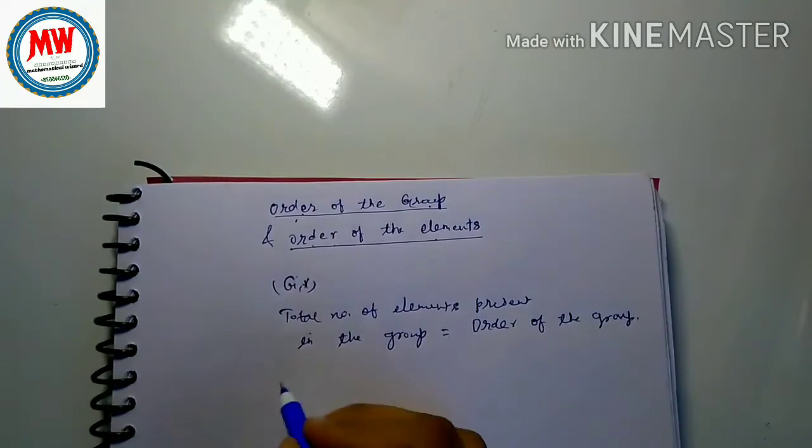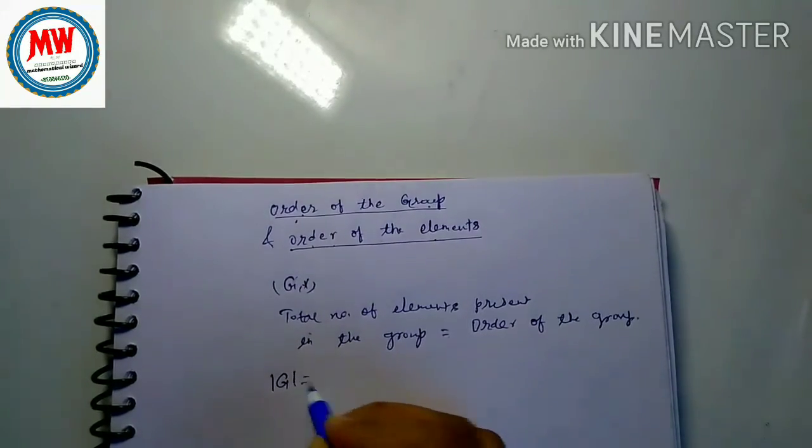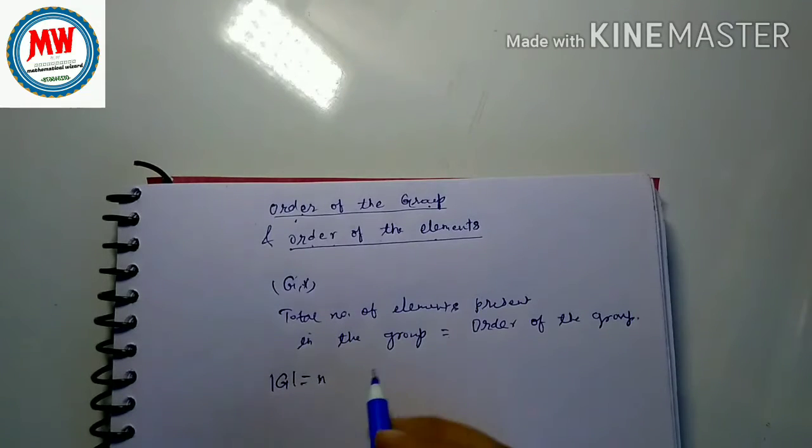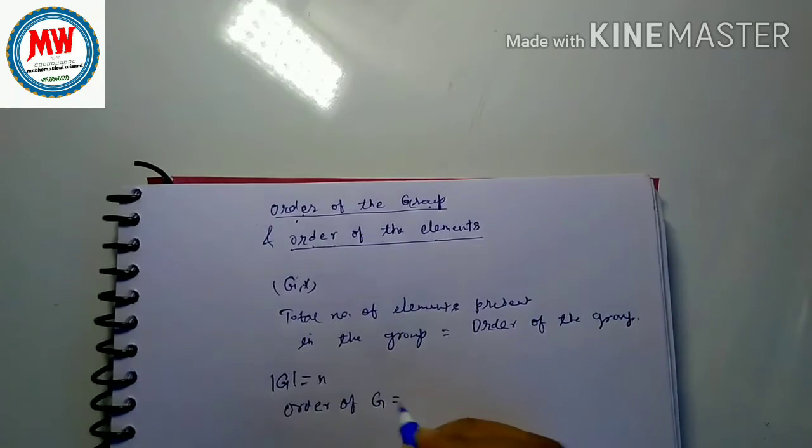Say if G contains n elements, n is a natural number, then order of this group will be n.